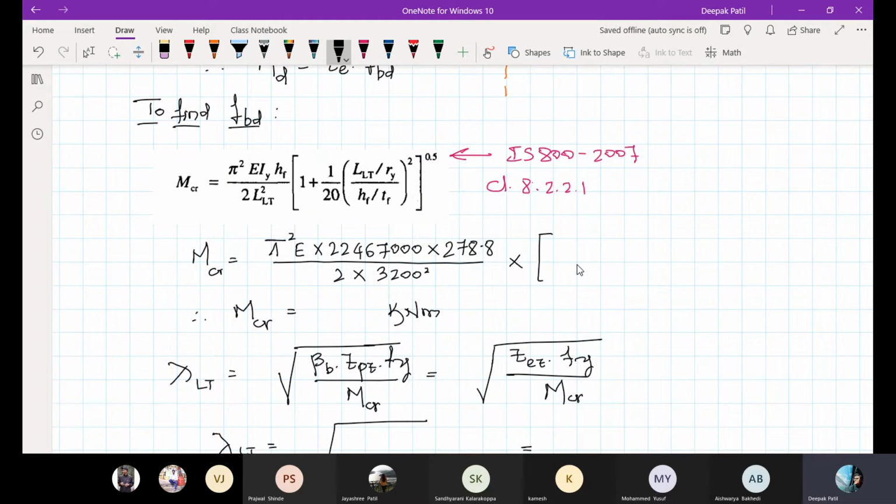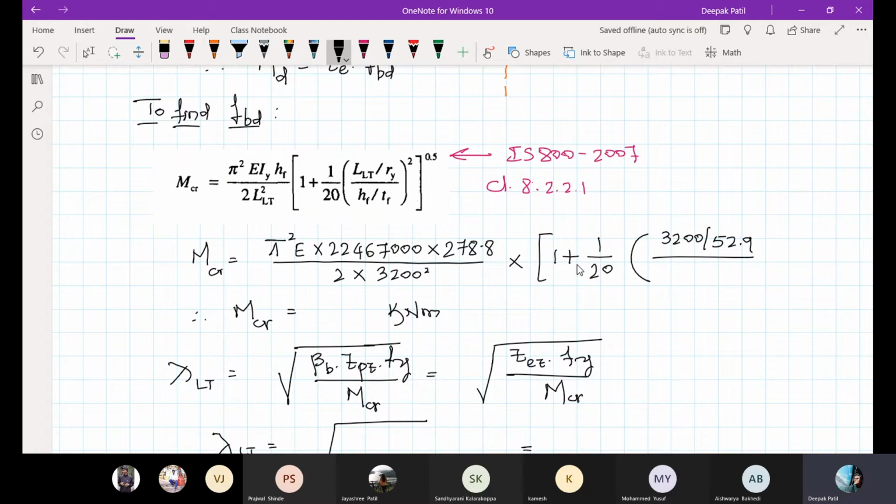This multiplied by 1 plus 1 divided by 20, and LT, that is 3200 divided by RY. RY is actually 52.9.